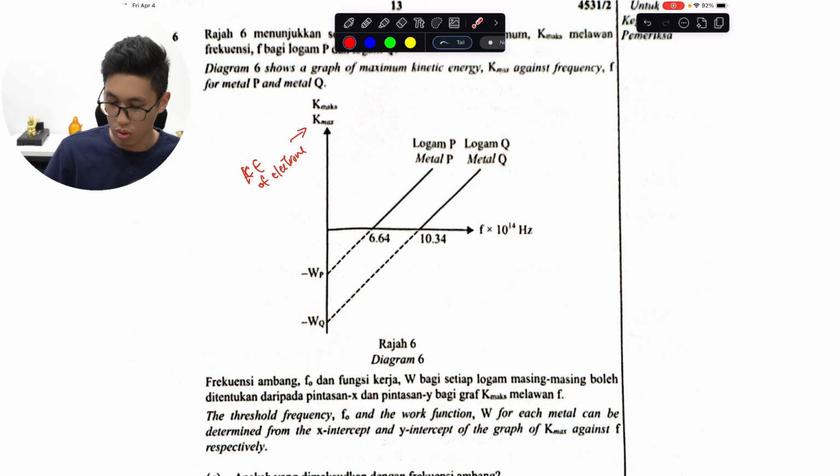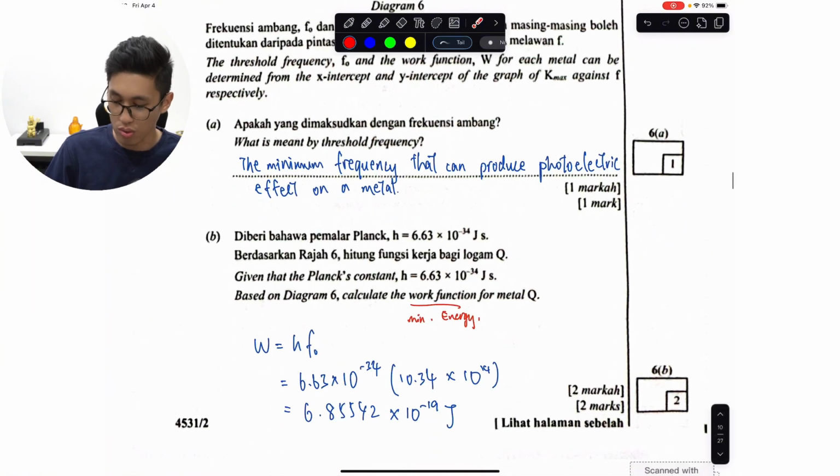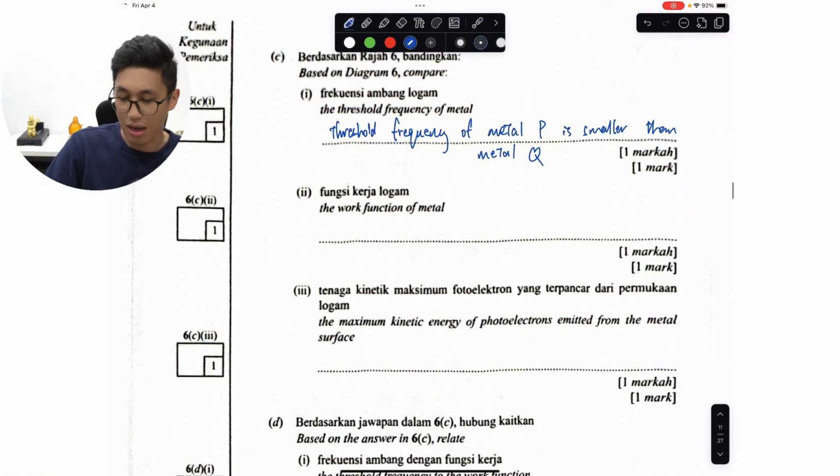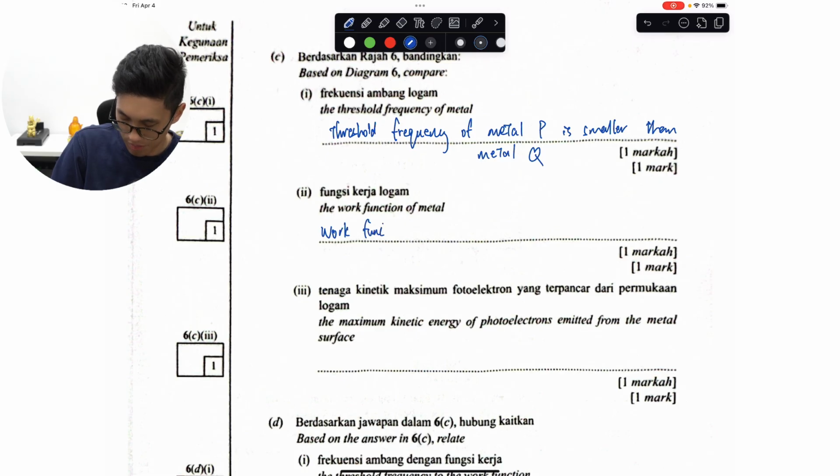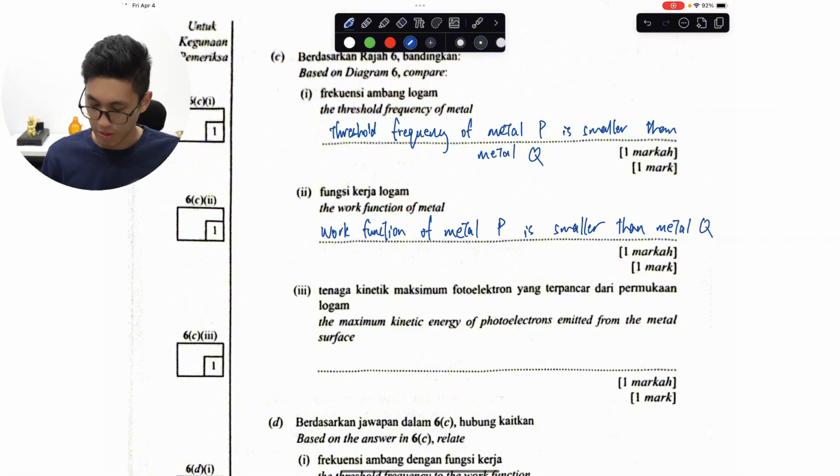So the work function for Q is actually greater than P. So you can say the work function of metal P is smaller than metal Q.